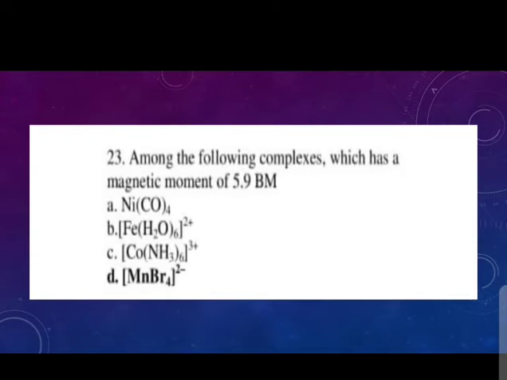Moving to our next question. Among the following complexes, which has a magnetic moment of 5.9 BM?